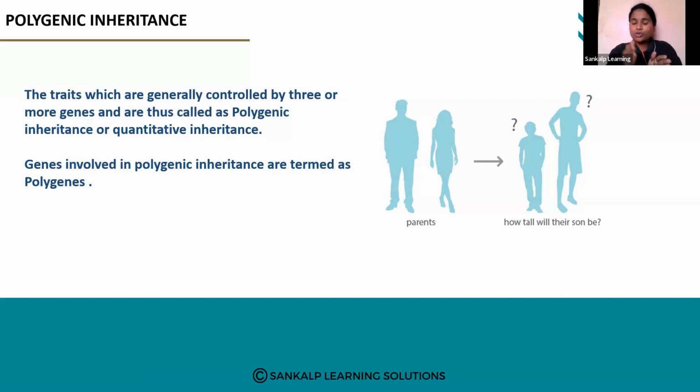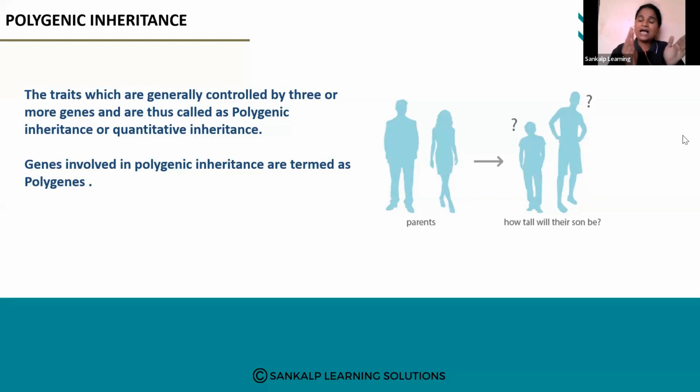But here in most of the organisms, we will get many forms. Consider this diagram, the tallness of a parent. See here, the parents are tall. So how tall will their son be? We can't predict, because the height character or many characters will be controlled by 3 or more genes. Erade genes inda illi control agok sadhya illa most of the organisms alli.